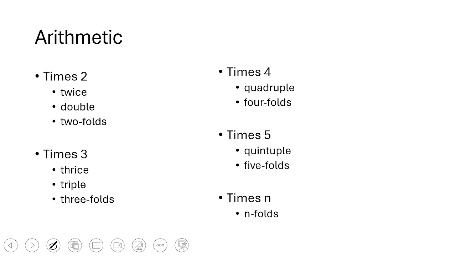For any other multiplication, we can just say n folds. Of course, some people would use sextuple for six and heptuple for seven, and so on, but those are rarely used. So the easier way for us is just to use n folds.